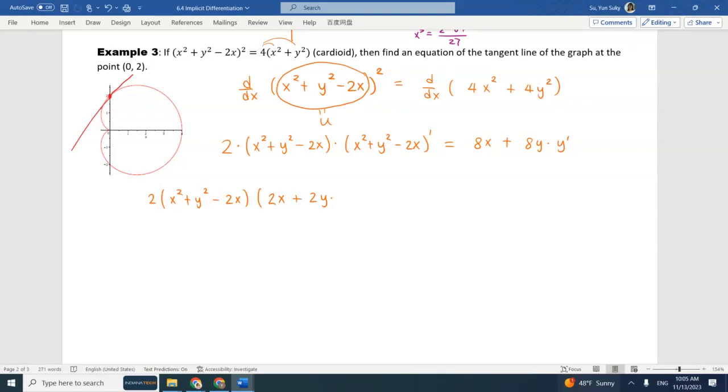Every time you differentiate a y, you multiply by y prime. Okay, everybody? Every time you differentiate a y, the old formula times y prime. How about the derivative of negative 2x? Yes, minus 2. And then on the right hand side, we have 8x plus 8y times y prime.